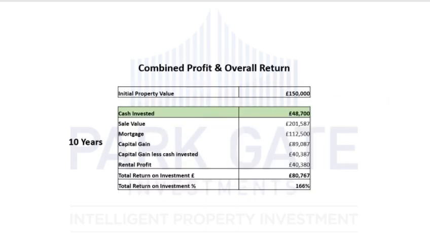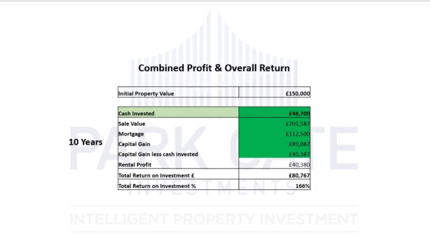Finally, we look at the combined profit and overall return. In the 10-year example, take your sale price of £201,587 and deduct your interest-only mortgage repayment of £112,500. This leaves you £89,087. Take from that the cash you invested, £48,700, for your net capital gain, £40,387.